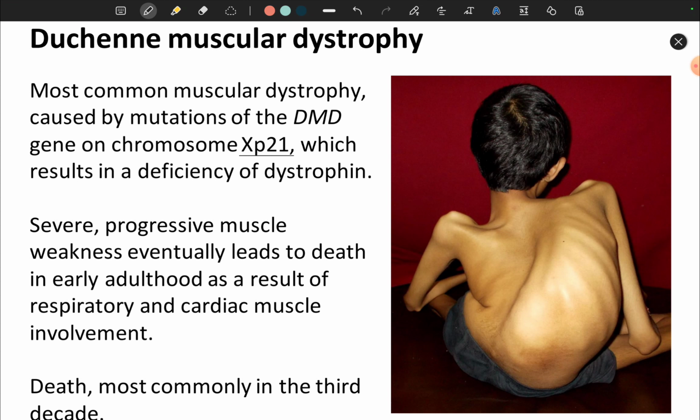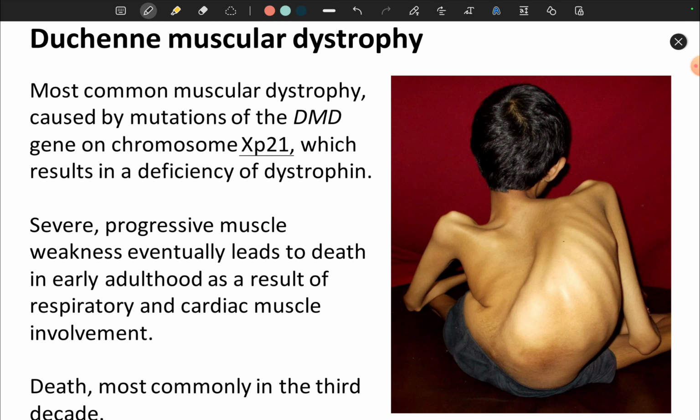The most common type, as we said, is the Duchenne type of muscle dystrophy. In Duchenne type muscle dystrophy, there is a pathogenic gene which is DMD, the Duchenne muscle dystrophy gene, which is present on chromosome X, and all of this is a genetic abnormality.